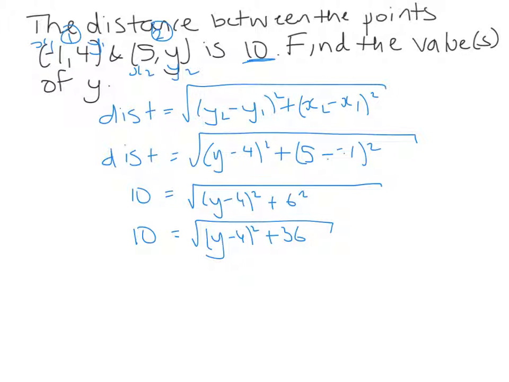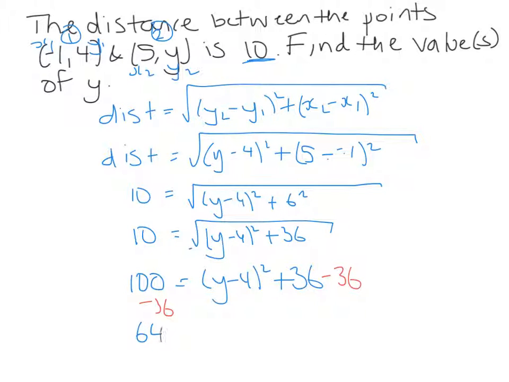Now I'll square both sides to get rid of this square root, so that'll be, well, 10 squared is 100. And the square of a square root is just the original function like this. Okay, so I'll have y minus 4 squared plus 36. Now if I take away 36 from both sides, 100 take away 36 is 64.